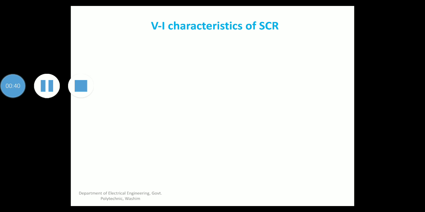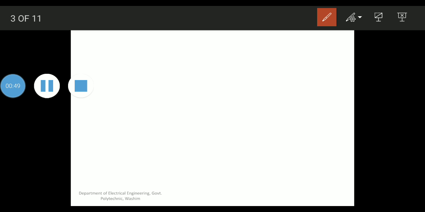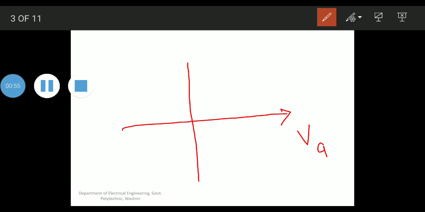Now let us understand what is the forward blocking state and what is the forward conduction state for the SCR. Let us consider the VI characteristics. This is the anode voltage and this is anode current. Now when thyristor is forward biased, the operating region will be this one.